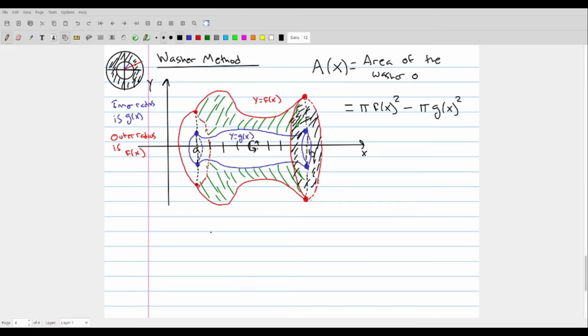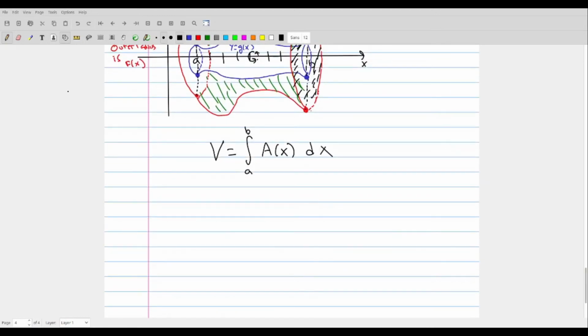And so the volume of this shape is the integral from a to b of the cross-sectional area function, which we already found to be pi times f of x squared minus g of x squared dx.